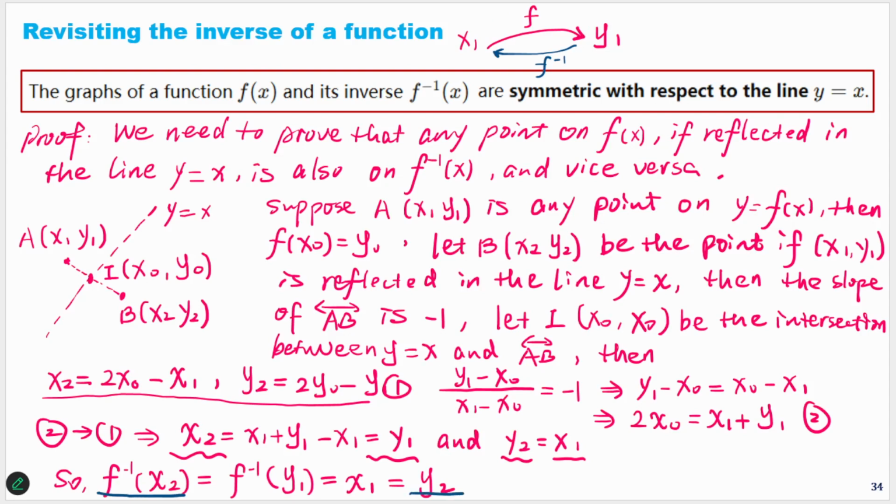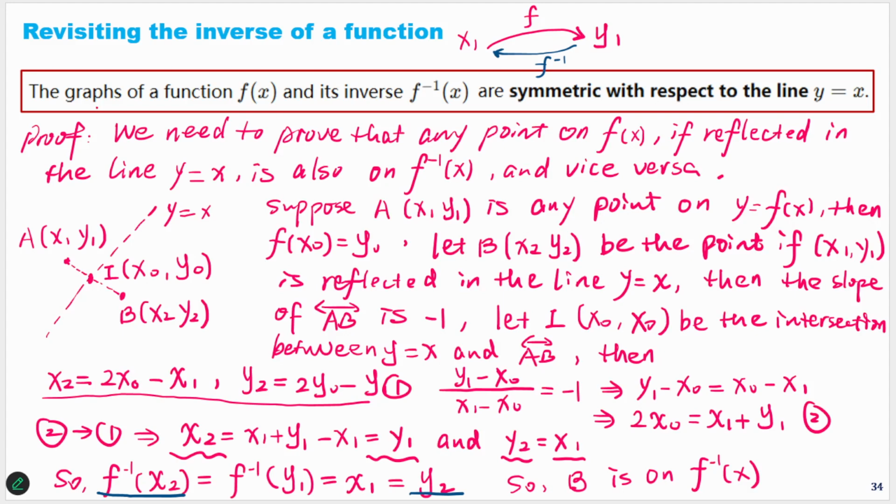So what does this mean? This means if you insert x2, y2 into the equation of inverse f, it will satisfy that equation. So B is on the graph of inverse f of x, right? So we have just proved if you select any arbitrary point on the graph of f(x) reflected in the line y equals x, then that reflected point B must also be on the graph of f inverse of x.